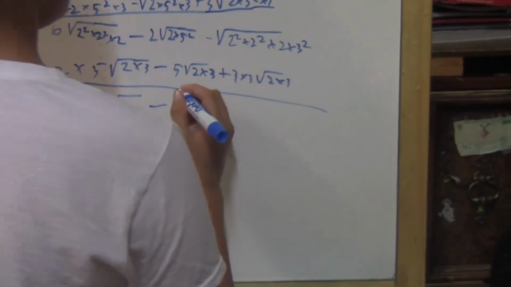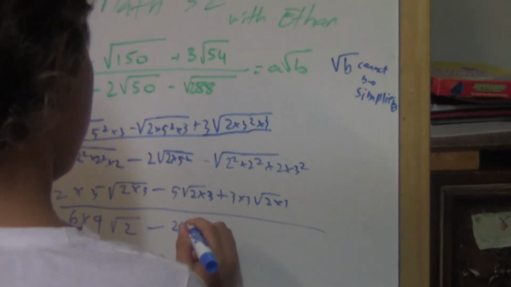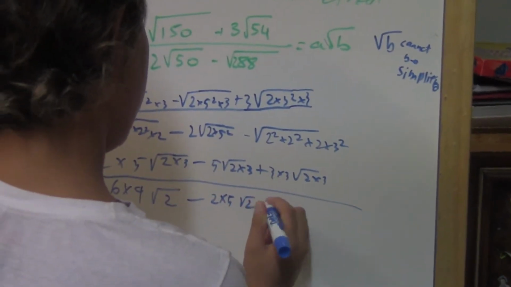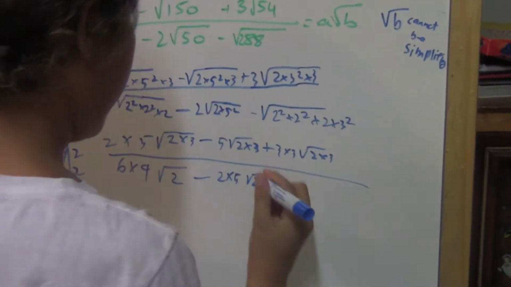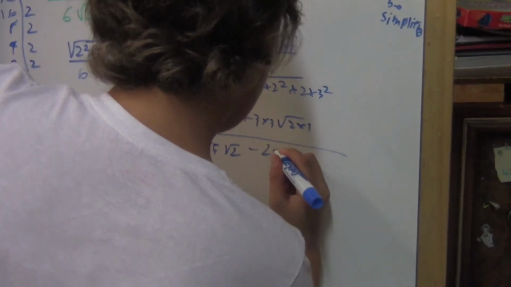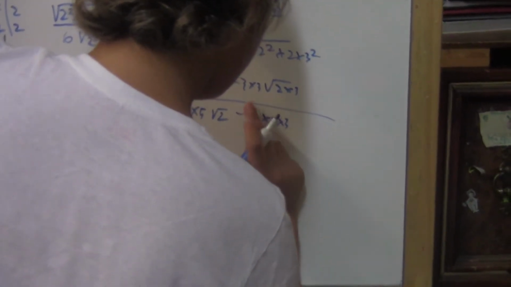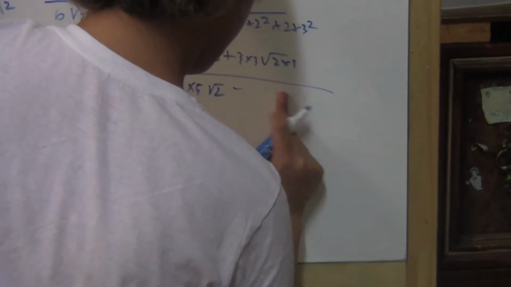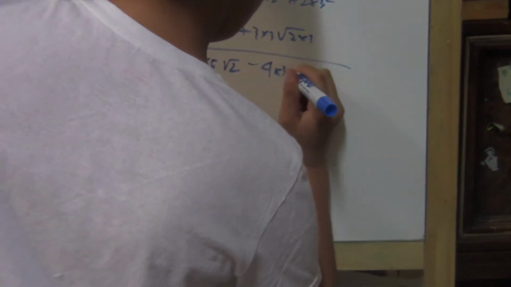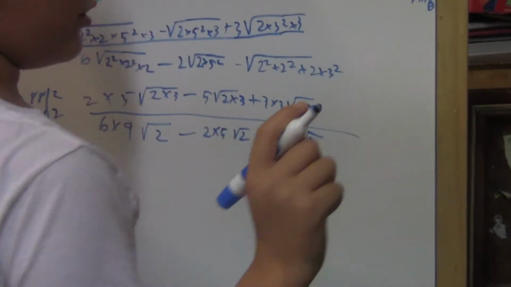Anyways, 2 times 5 times the square root of 2. Then minus 2 times 2 times, minus 4 times 3 times the square root of 2. Yes.